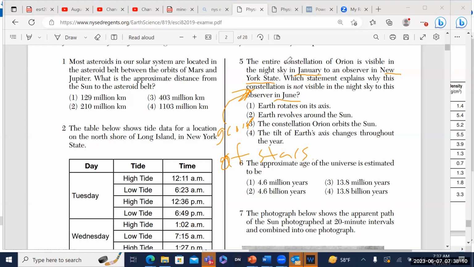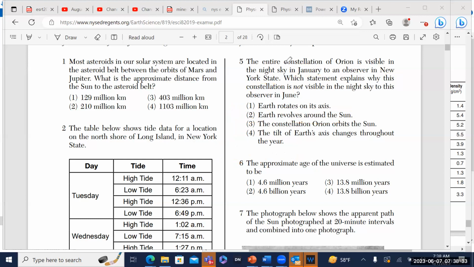So which option focuses on the fact that the Earth is moving around, changing its position, and something that is occurring throughout the year? The only choice that shows that is choice 2, right? We see different constellations because the Earth is revolving around the sun.